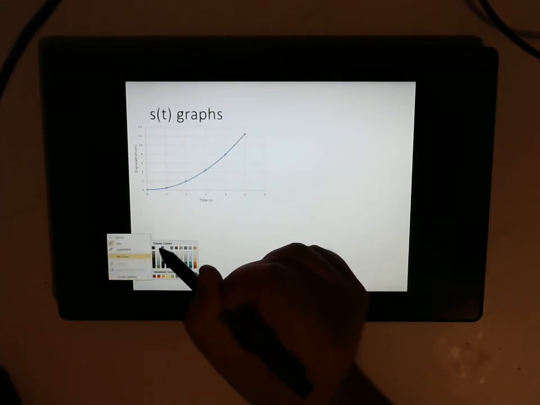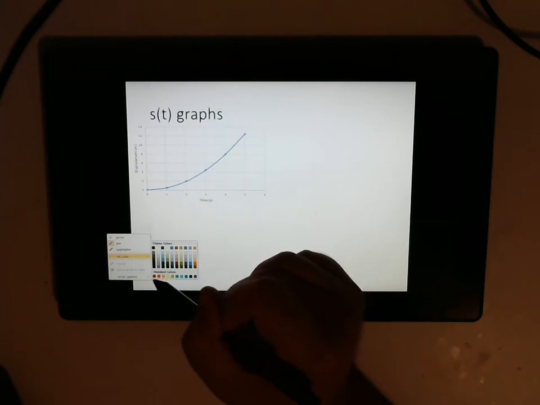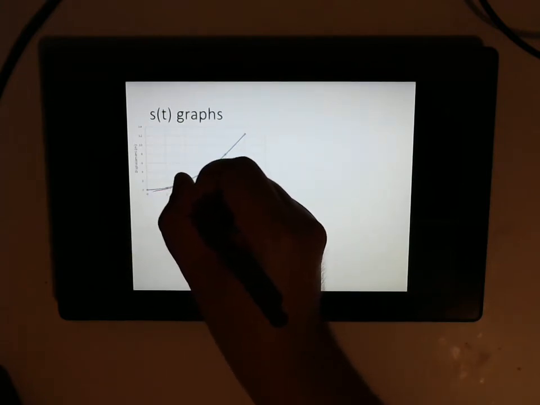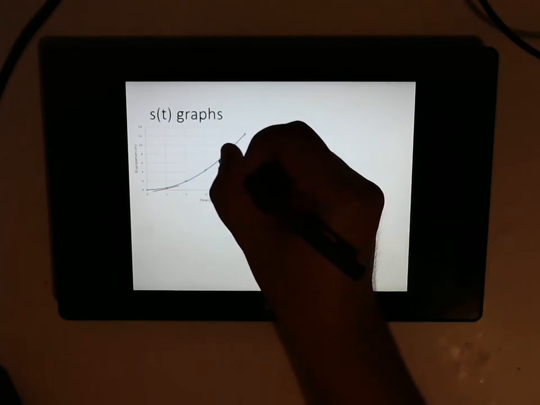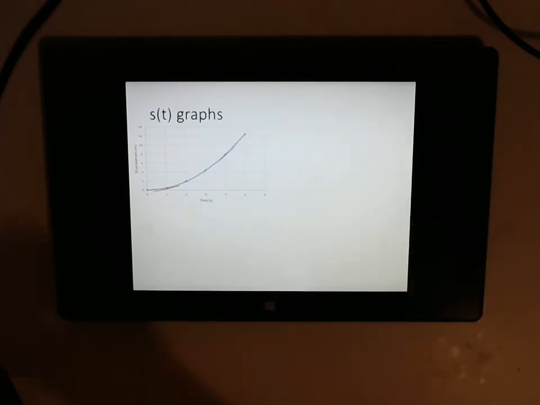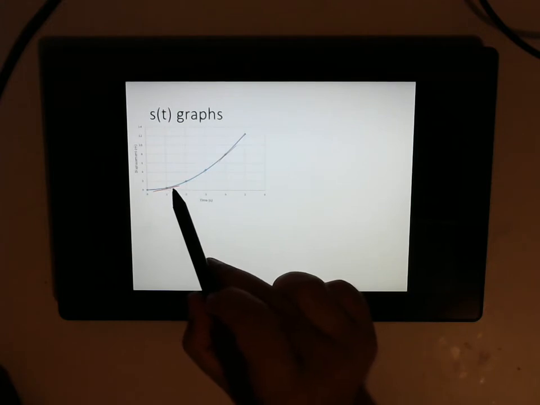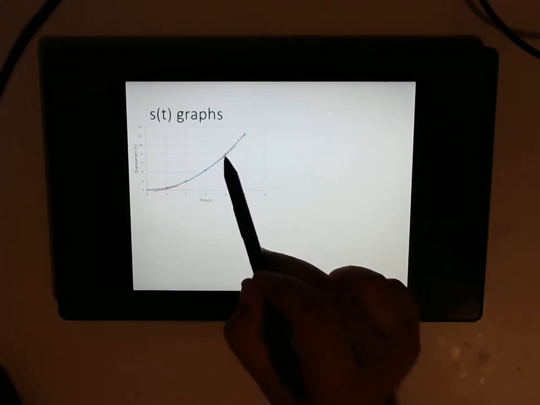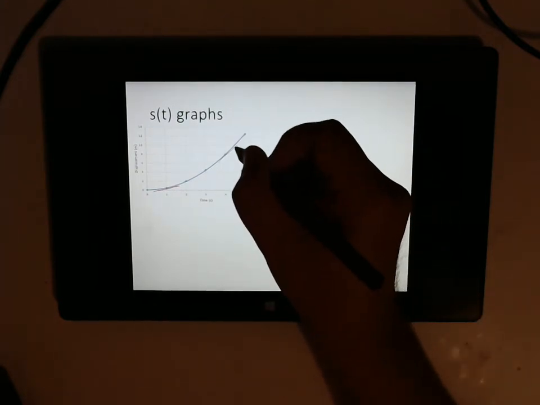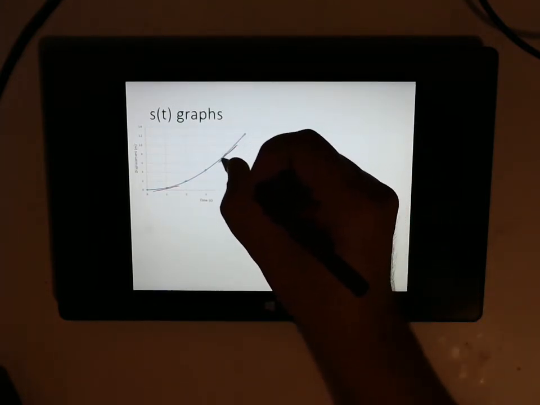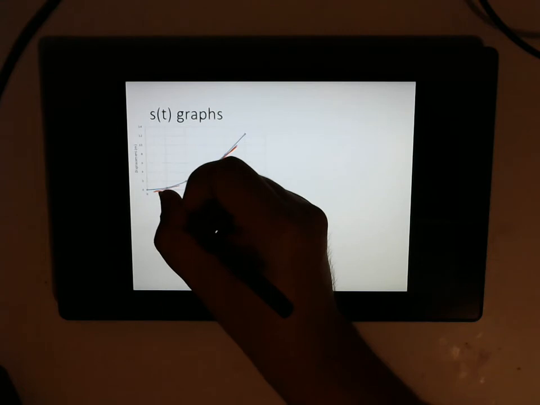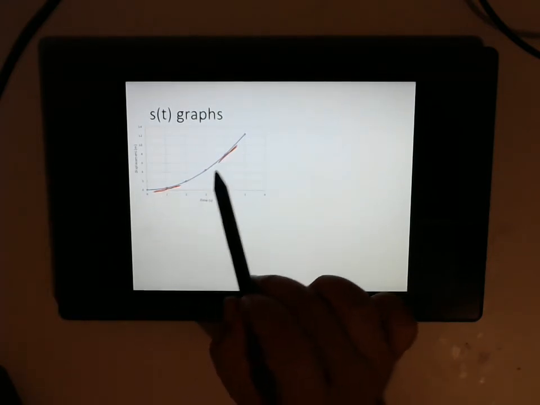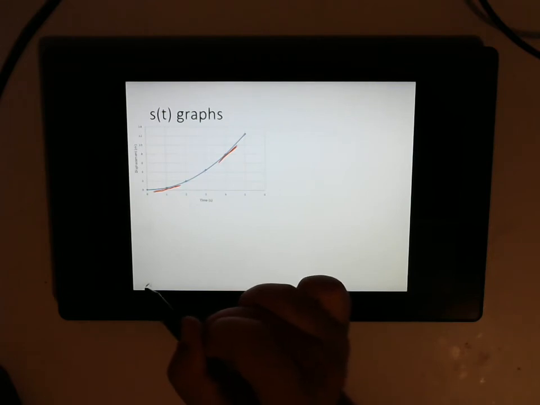Here the gradient would be something like this, while here the gradient would be something like this. We can see that the steepness of this red line here is a lot shallower than the steepness of this red line here. So this is not as steep as this, and so the gradient is always changing.